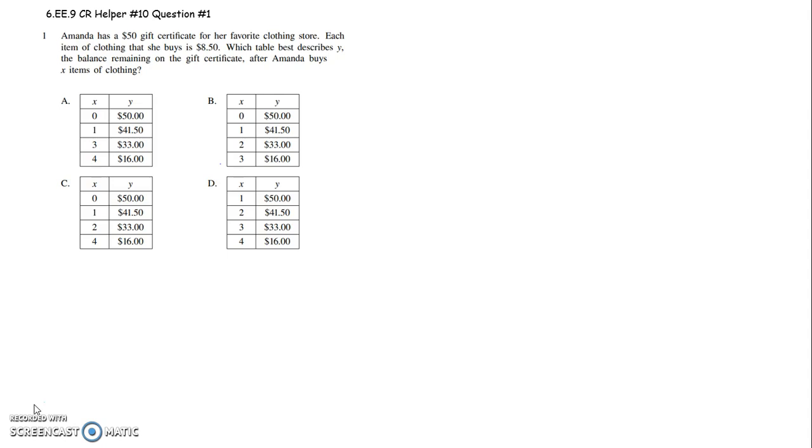Which table best describes the balance remaining on the gift certificate after Amanda buys X items of clothing? Okay, so I'll put my table way off to the side. We want to take a look at X items of clothing.